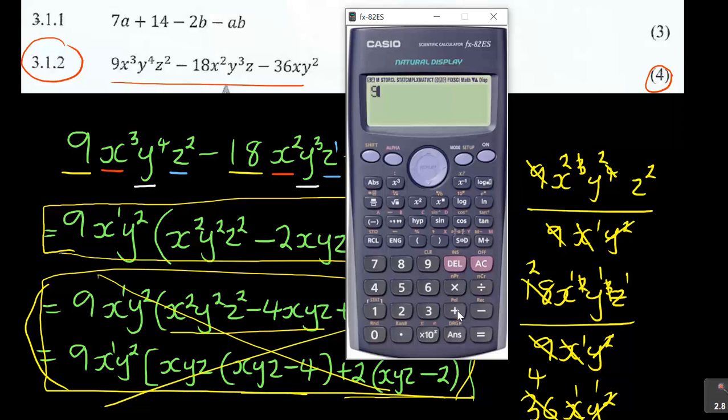So it's 9 times x, which is 2 cubed, times 3 to the power 4, that's y, times z, which is 4 squared, minus 18 times 2 squared, x, times y cubed, which is 3 cubed, times z, which is 4, minus 36 times x, which is 2, times y, which is 3 squared.